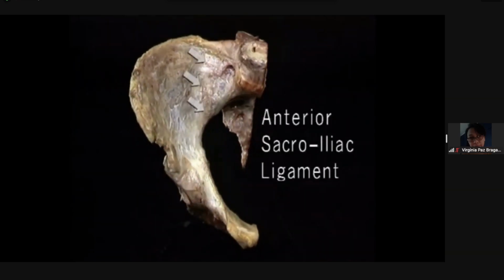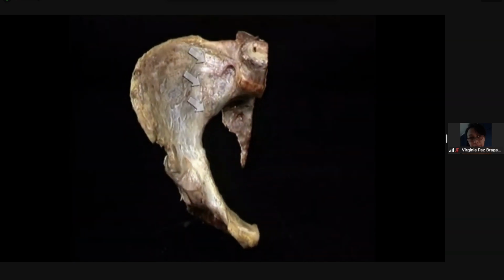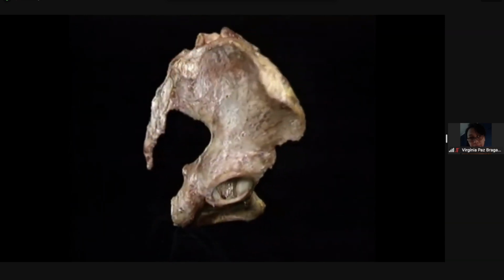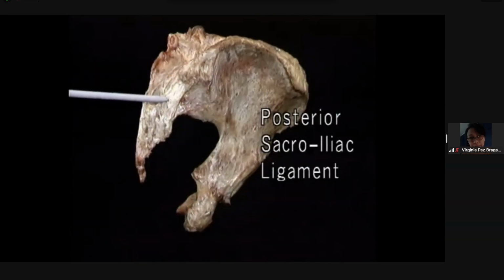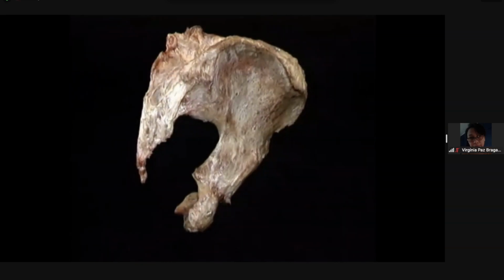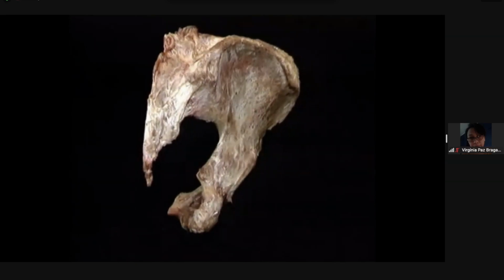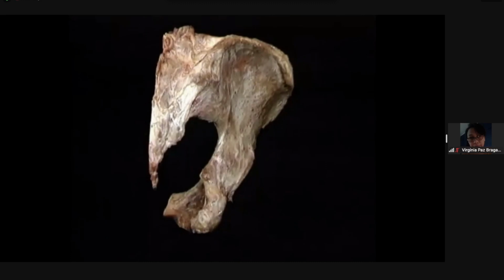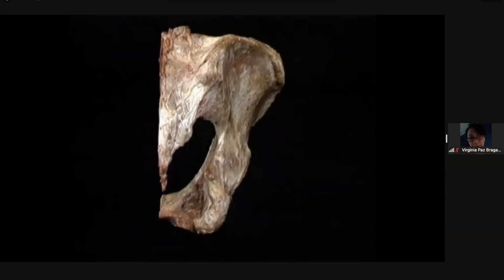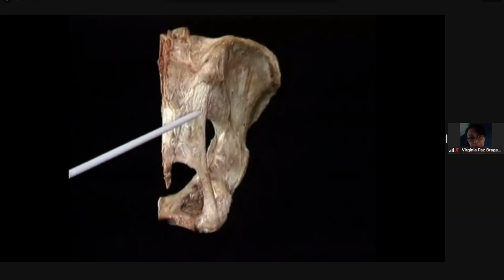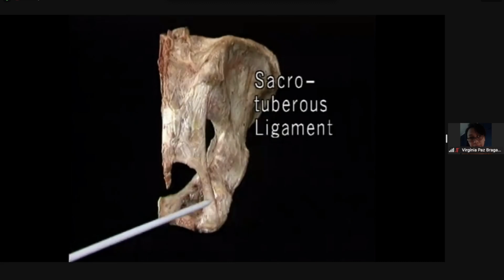The anterior sacroiliac ligament in front and the massive posterior sacroiliac ligament behind. In addition, the sacroiliac joint is strengthened by two major ligaments which pass from the sacrum to the ischium, the sacrotuberous and sacrospinous ligaments. Here's the sacrotuberous ligament.